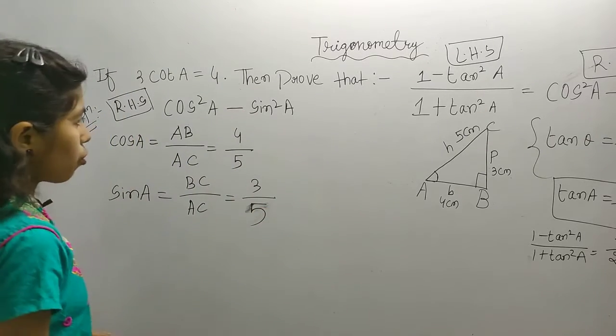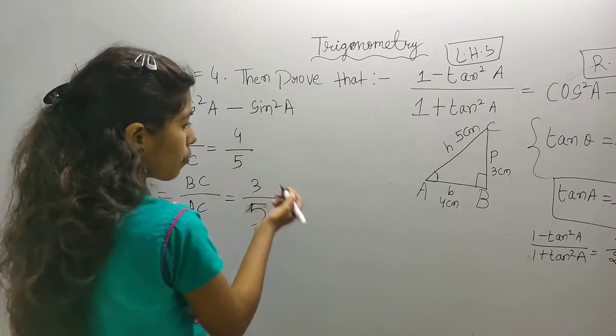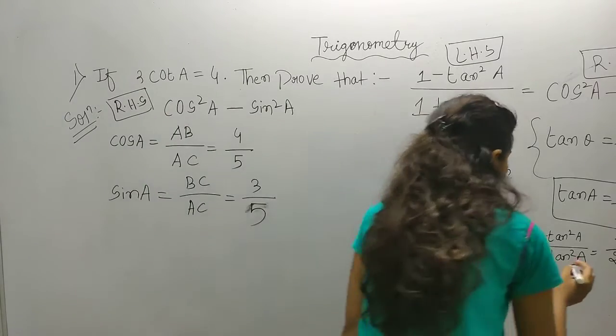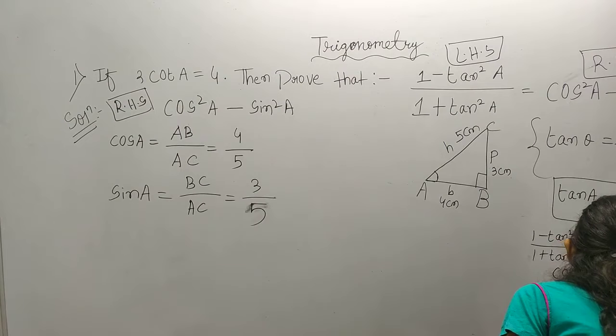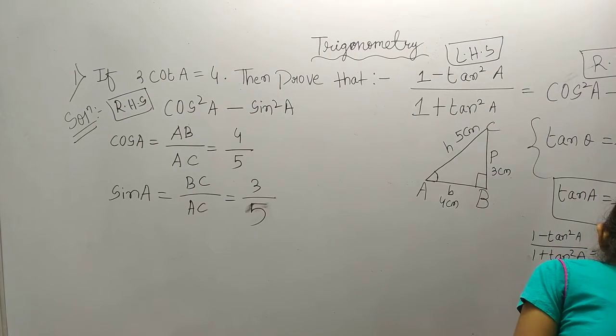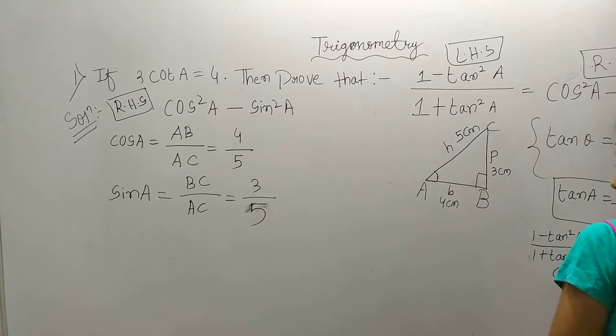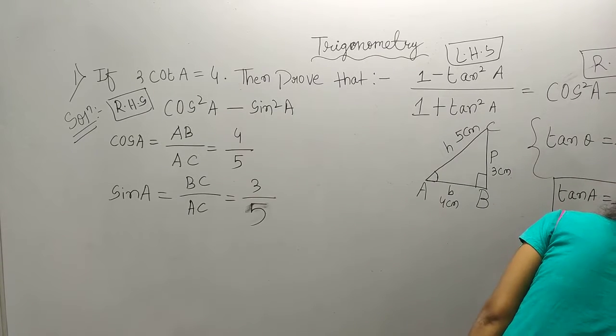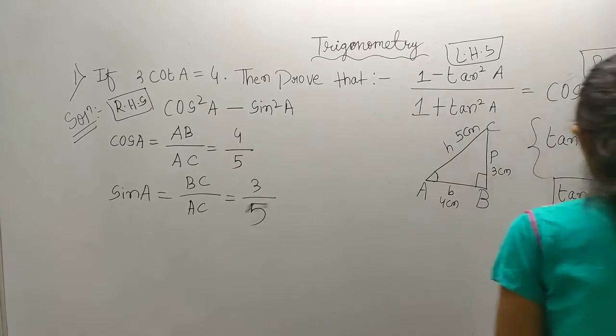Okay, so no problem. So then what we will do? Here we will write the values. Cos A is 4 by 5 and sin A is 3 by 5.